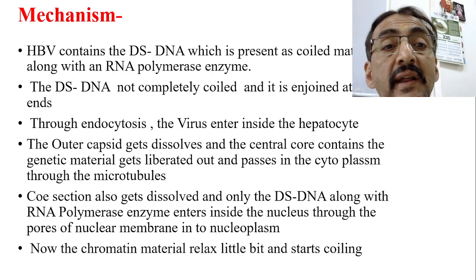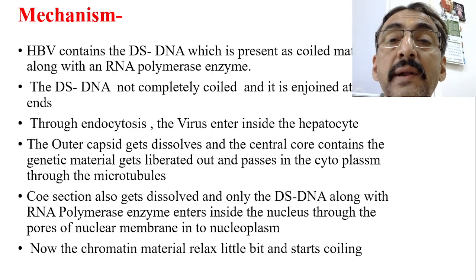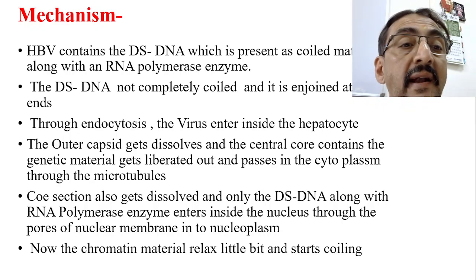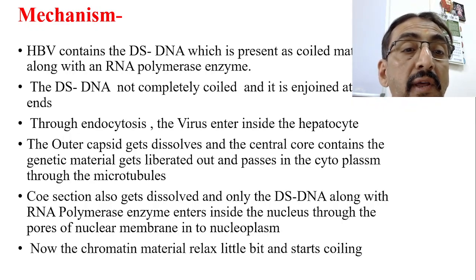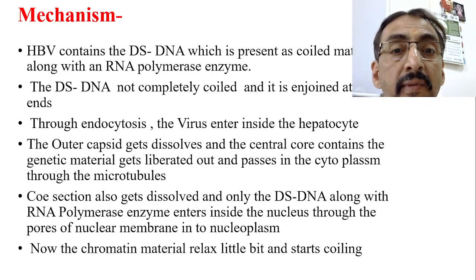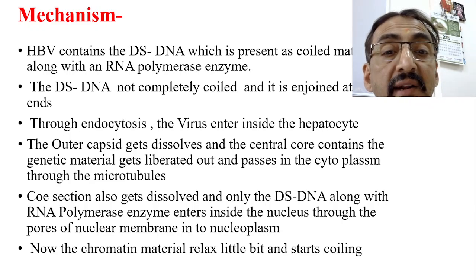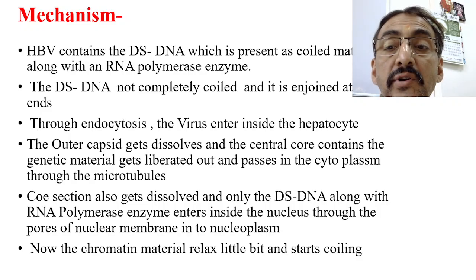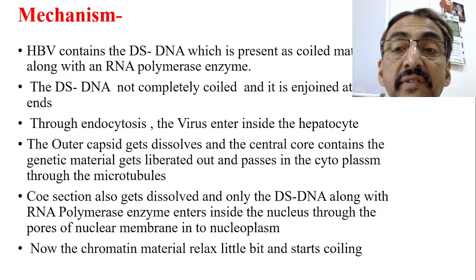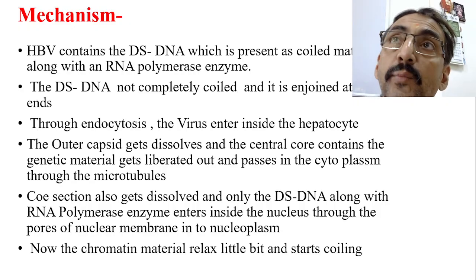This dsDNA is not completely coiled and is open at the ends. Through endocytosis, the virus enters inside the hepatocyte. Now, the outer capsid gets dissolved and the central core containing the genetic material is liberated and passes into the cytoplasm through the microtubules.